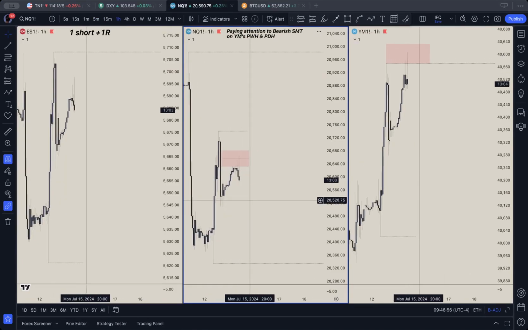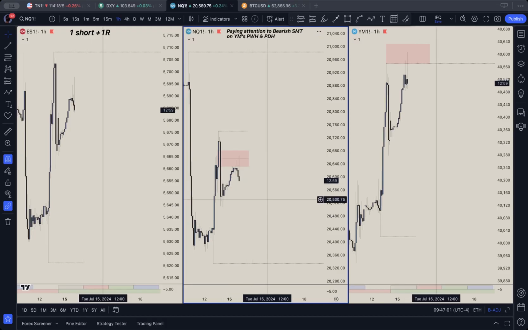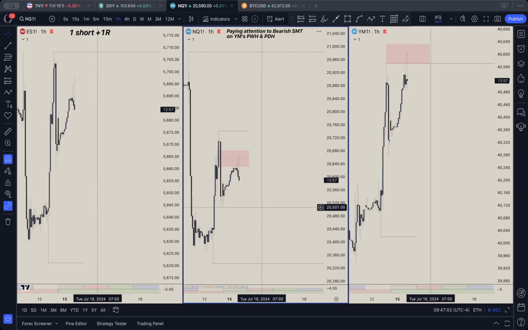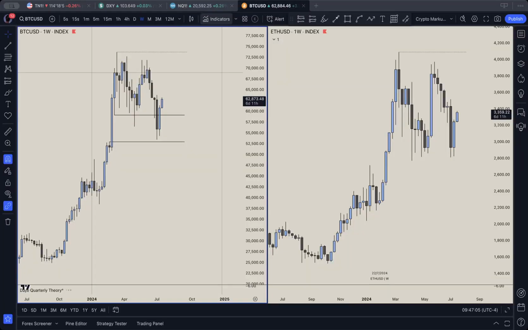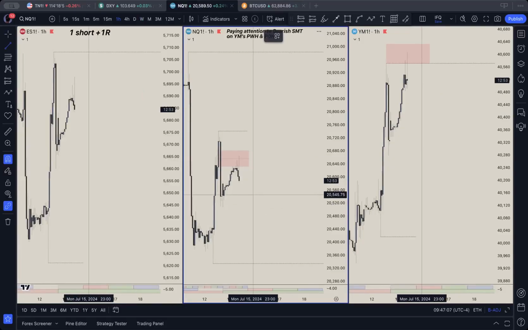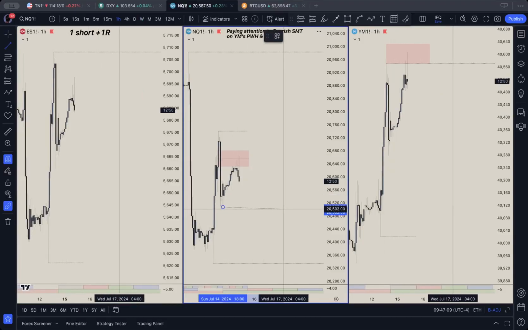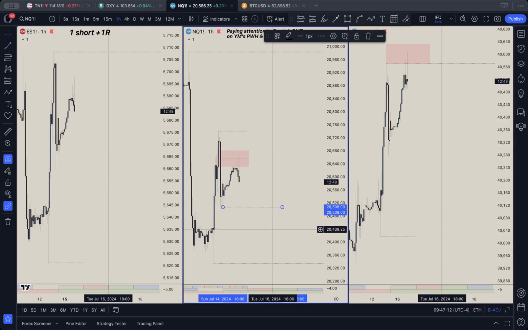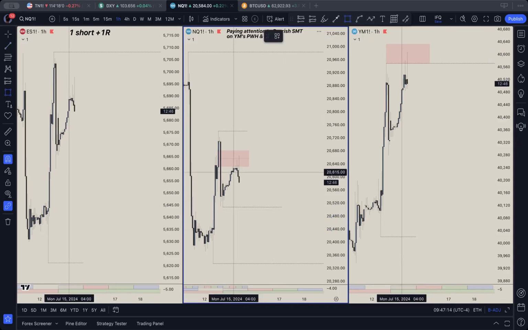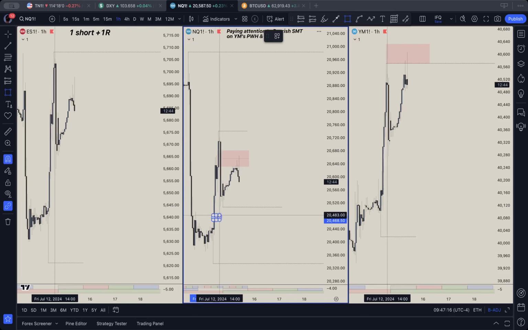So I think that high of the day will most likely be this candle right here. And we're probably going to target this low right here because there's an inefficiency resting right below it. So that's what I would be looking at right now.